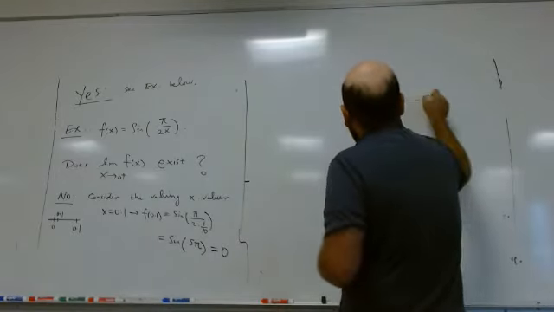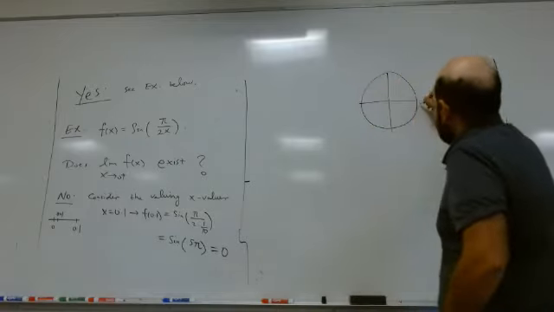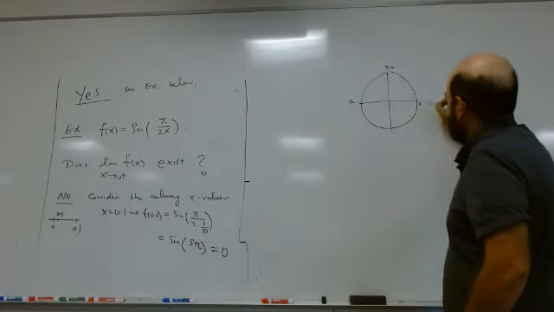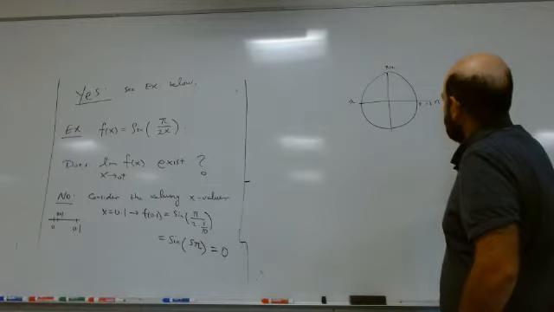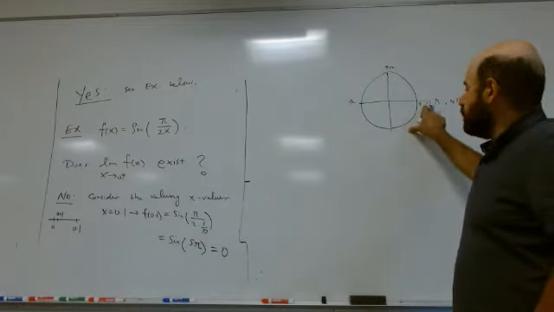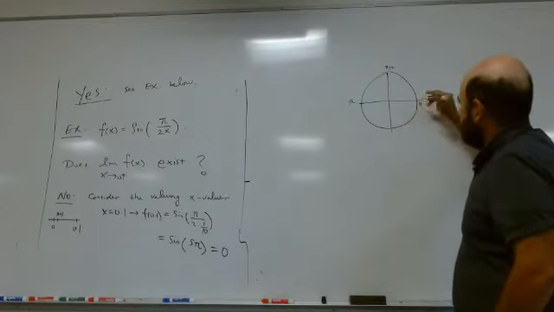We said that you can consider the unit circle. So this is 0, this is pi over 2, pi, and then 2 pi again is here, 4 pi is also here. Each 2 pi means one full rotation of the whole unit circle. So 0, 2 pi, 4 pi, 6 pi, they're all here.